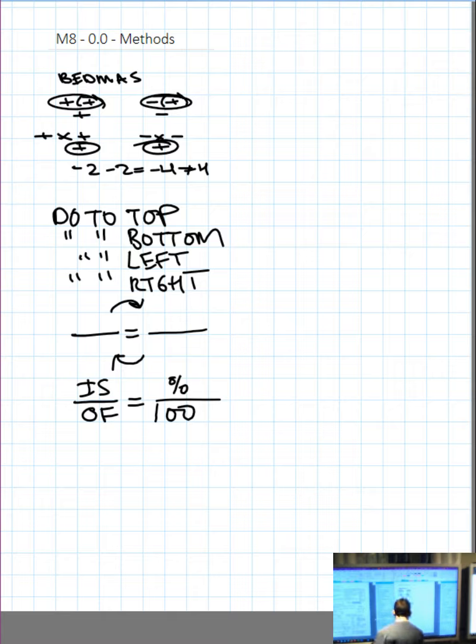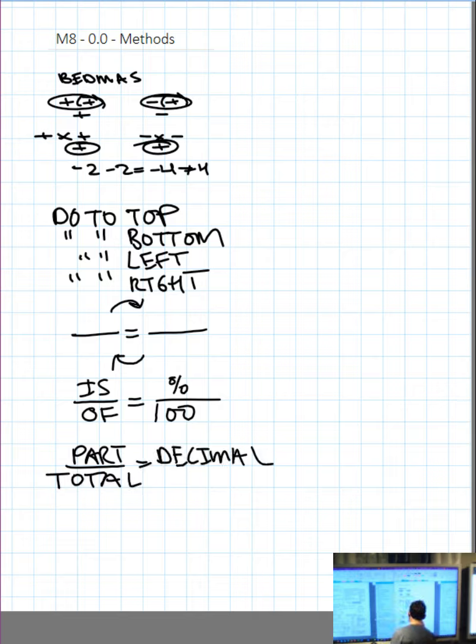We also have part over total is equal to decimal. And so many manipulations of that. Because I could times those sides by total and part equals decimal times total. Or I could times those sides by total and divide both sides by decimal, and total equals part divided by decimal.